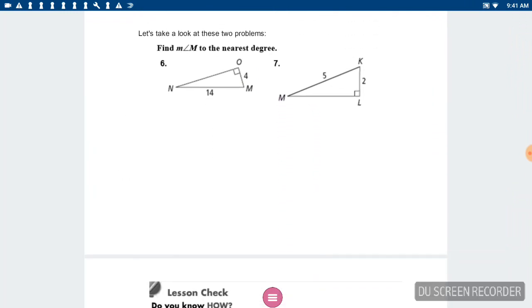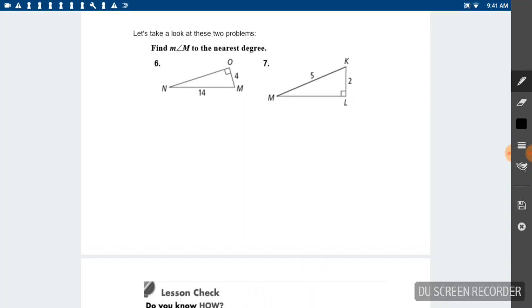All right, so the last couple examples here. We've got trying to find m. So m in this case, I've got an adjacent side and the hypotenuse. So the opposite is not used here. So again, SohCahToa.